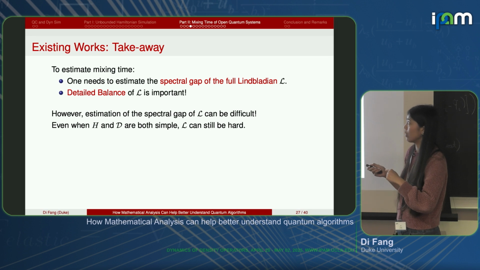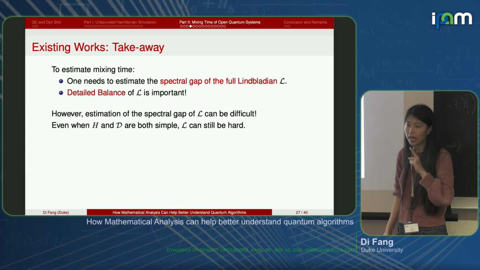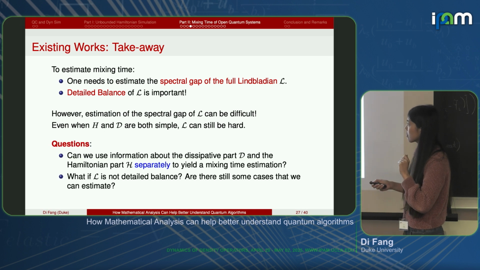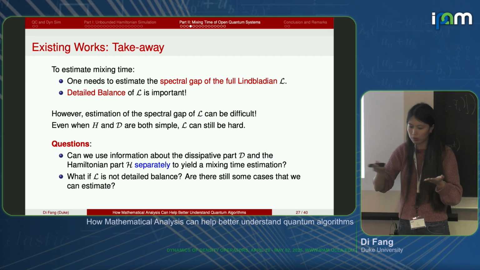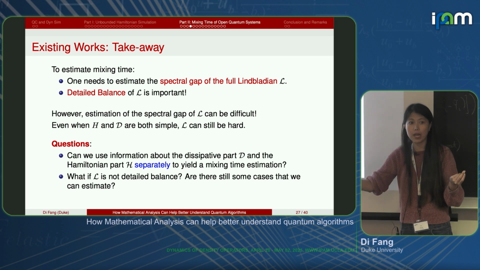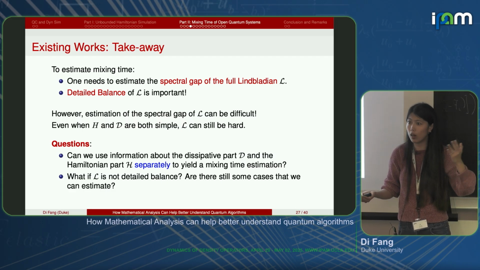And the first starting point is always you need to check you have a Hamiltonian and Lindbladian that is detailed balanced in a certain inner product. But the question is certainly that, in many of the cases, we have a Hamiltonian and a Lindbladian term added together, and Hamiltonian itself can be very simple. Say you have the transverse field Ising model where you know everything. And the dissipative part, which is the jump operator, may also be very simple.